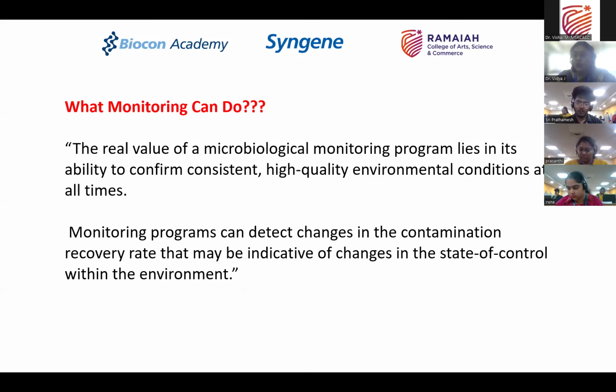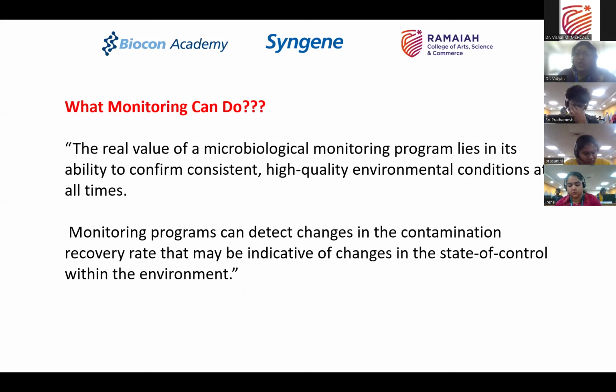So what do you do? You go into a lab, you swab the surface, you streak it and check for growth. That's what you do in environmental monitoring. Every few hours, you need to keep checking for any sort of contamination. It can be any type of microorganism.